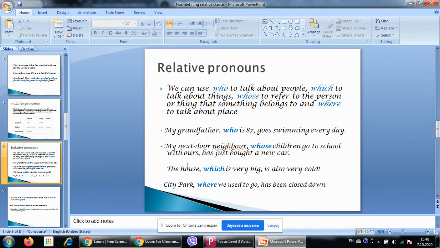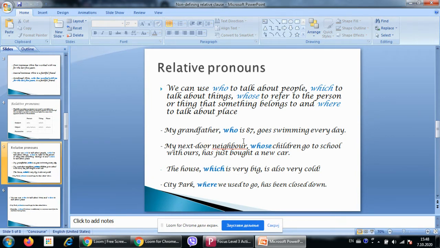So here we have examples for every pronoun that we mentioned. So let's see the first one. My grandfather, who is 87. So here we used who because my grandfather is a person. Then the next one.